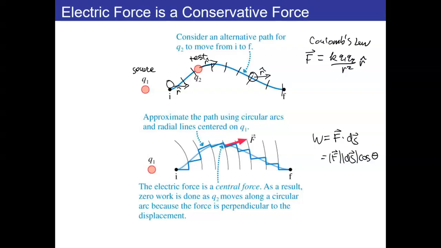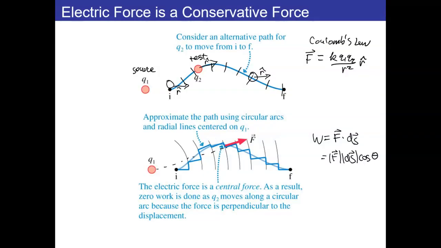Now, why do I care about going either in a radial way or a tangential way? Well, let's think of it like this. At each of these points, for example, let's pick this point right here. This force is going to be radially directed, as it should be, away from Q1.